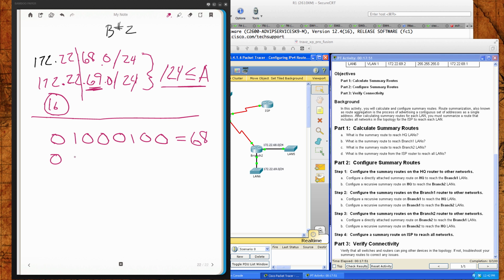So then here we want to do 69, so it'd be 0, 0, 0, and then 1, 0, 1, and that equals 69. All right, so they're the same here and here and here, all the way up to the very last bit in this third octet.